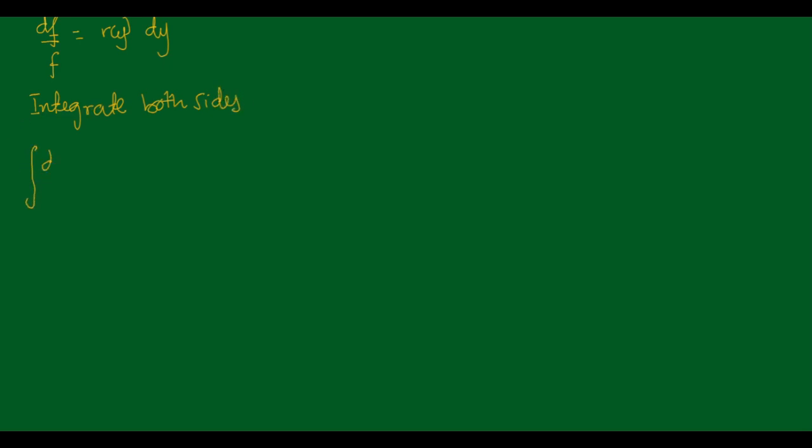So integrating both sides, we have the integral of df all over f equal to the integral of r, which is a function in y only, with respect to y. So in evaluating the left hand side, we have ln f, which is a function in y only, as we assumed from the beginning, equal to the integral of r(y) dy.